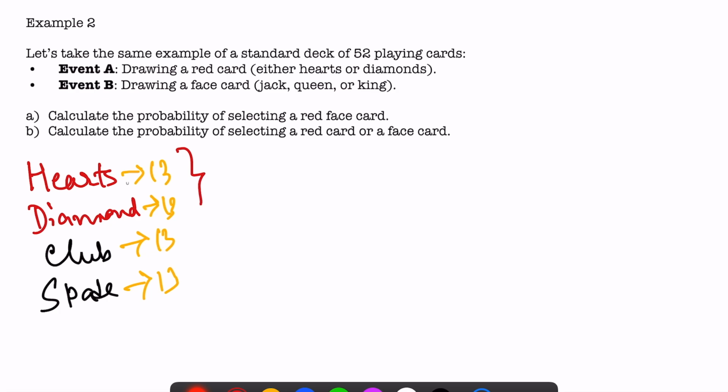So total we have 26 red cards. So probability of red card is 26 out of 52, that is 1 half, that is 0.5.